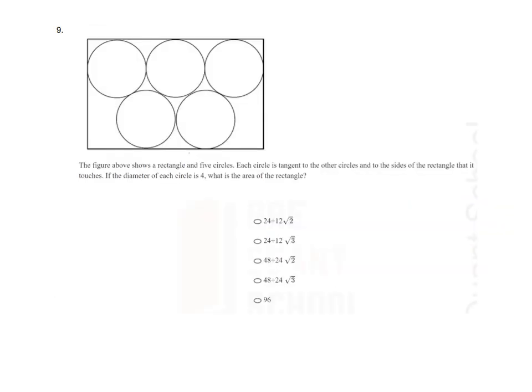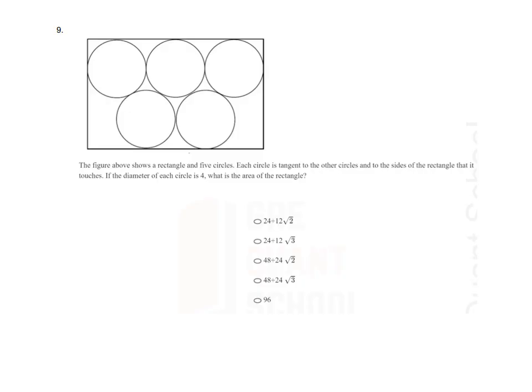The figure above shows a rectangle and 5 circles. Each circle is tangent to the other circles and to the sides of the rectangle that it touches. If the diameter of each circle is 4, what is the area of the rectangle?